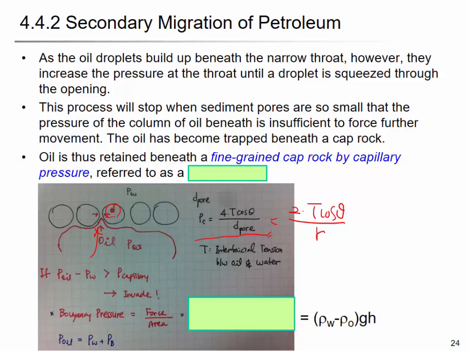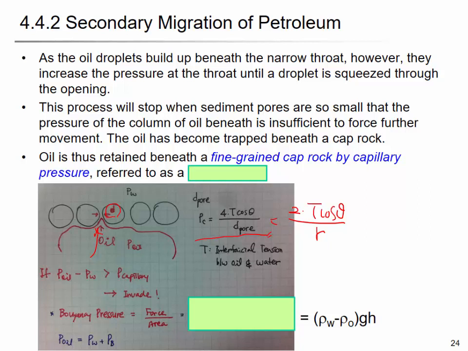If this D is much smaller, initially the capillary pressure can be larger than this pressure difference, oil pressure minus water pressure.